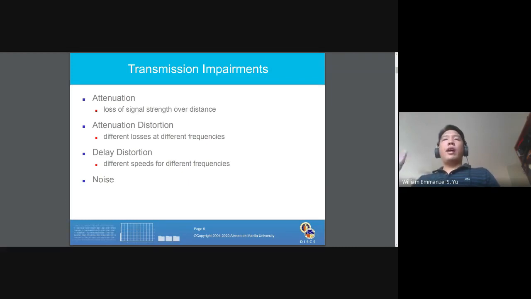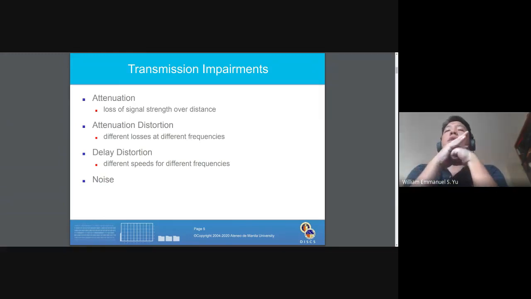So if you're at, for example, the 5 gigahertz, 10 gigahertz range, it's more prone to a wall blocking the signal as opposed to, say, a microwave signal like 800 megahertz. With 800 megahertz, kahit may wall na nakaharang, usually lumulusot pa, right? So that's different types of losses because of different frequencies.